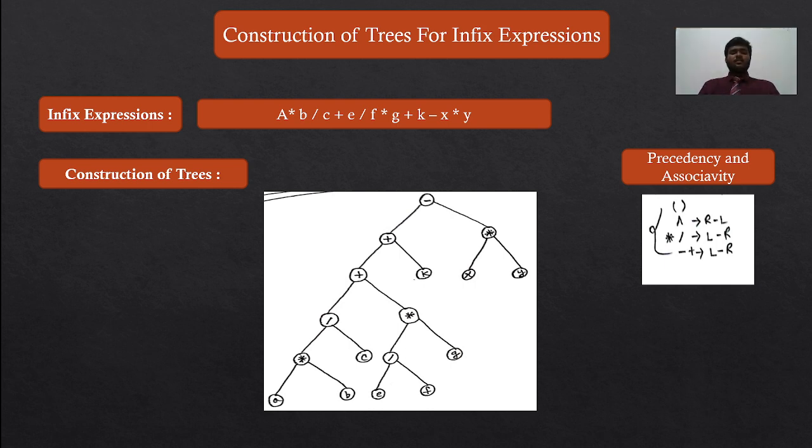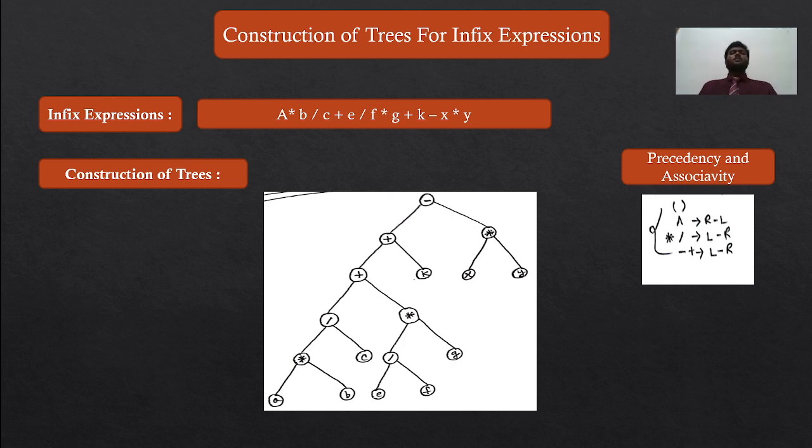And on the left side, the left child of plus is a multiplication b division c, and we have to follow the main precedence rules.